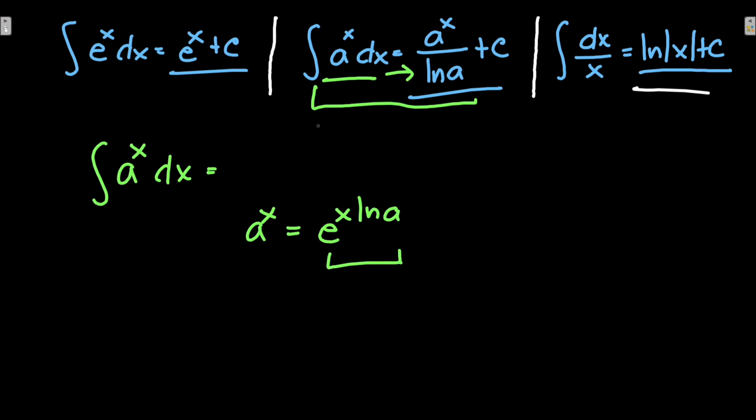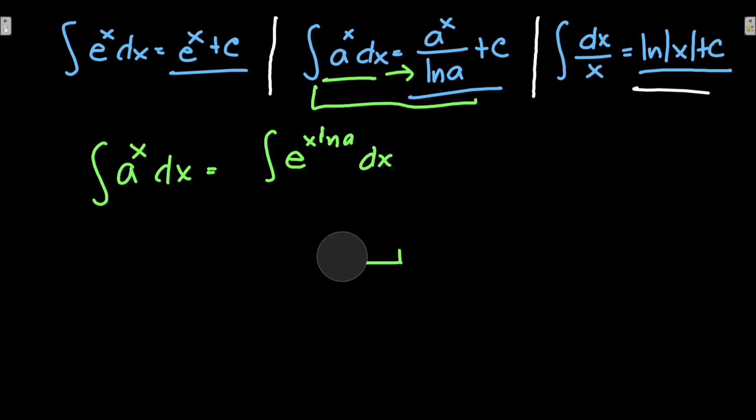So rewriting this would be the integral of e to the power of x ln of a dx. The best move here would be to use u substitution. So let u be this entire section, which is x ln of a.